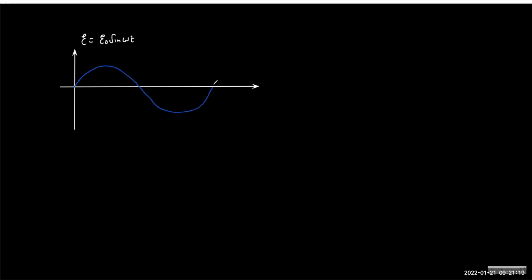And it will keep on happening. So if you draw the plot of one full cycle, you can see it will have the positive value, and the peak is E naught.